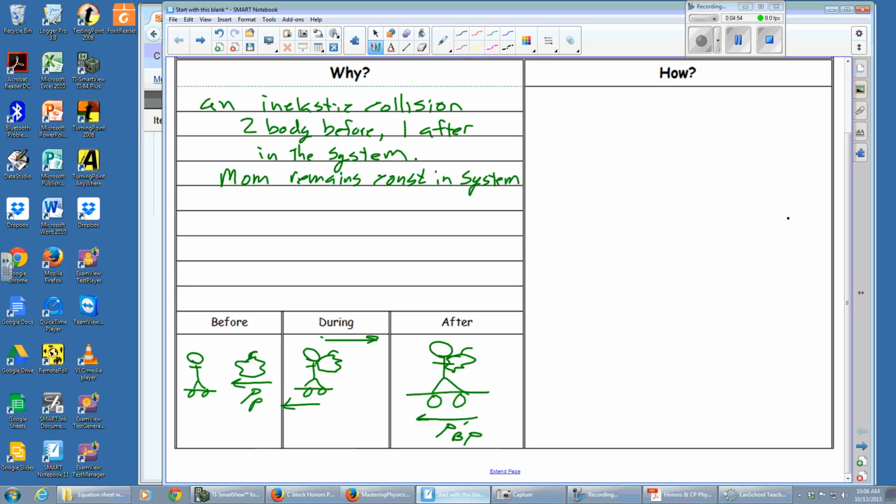The impulse on Brittany, the impulse on the pumpkin. What do we know about those two impulses? Excellent. They're in opposite directions, and they are equal in magnitude, in size.